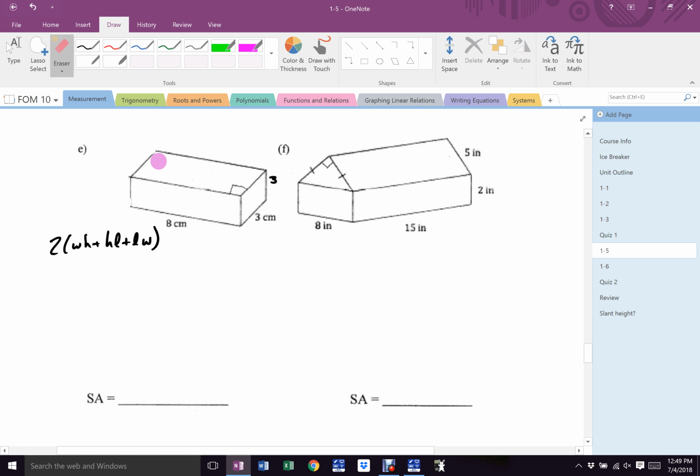Except this rectangle here isn't really part of it, is it? So I've got to subtract out a 3 times 3, because that isn't really there. Agreed? Now, what about this?